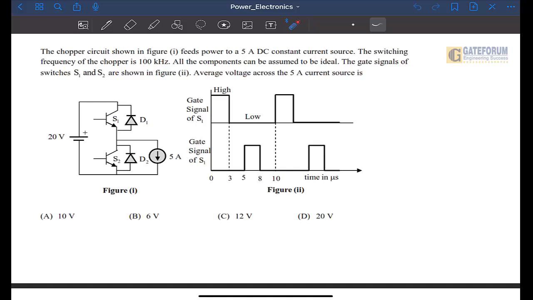All the components can be assumed to be ideal. The gate signals of switches S1 and S2 are shown in figure 2. This is the gate switch signal. We need to calculate the average voltage across the 5 ampere current source.